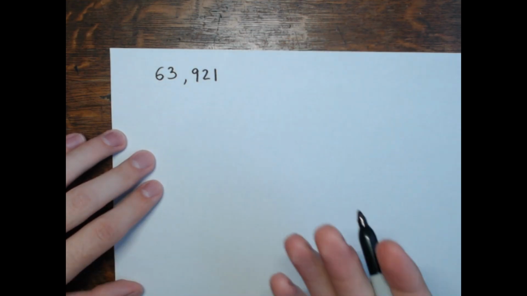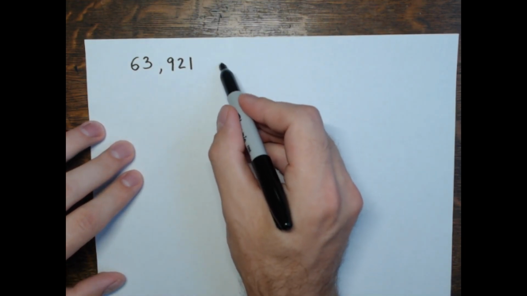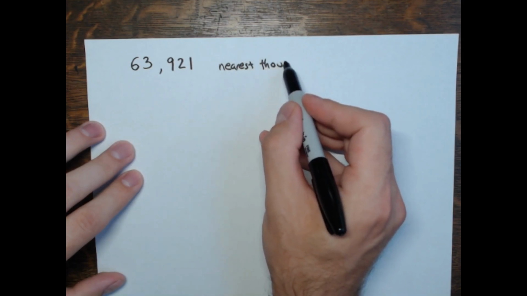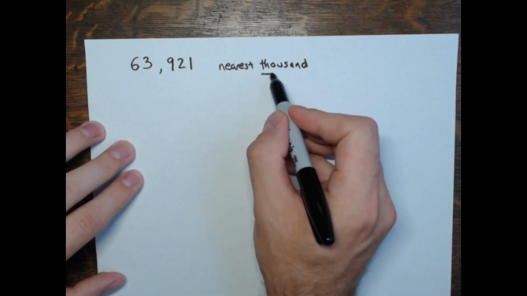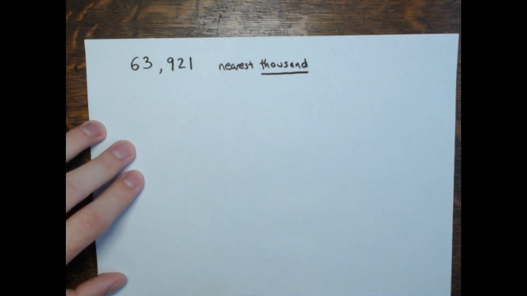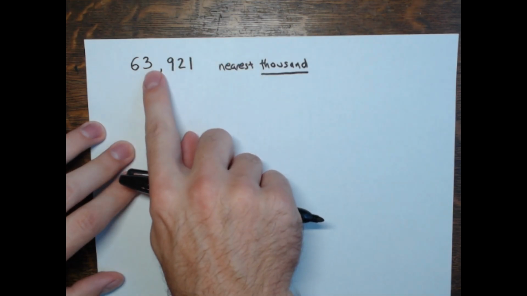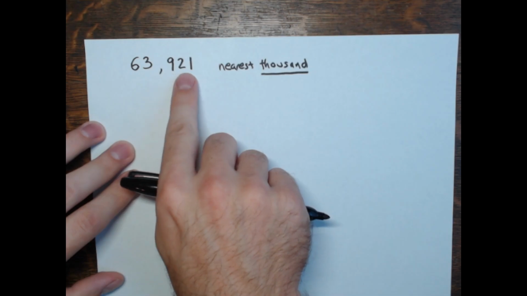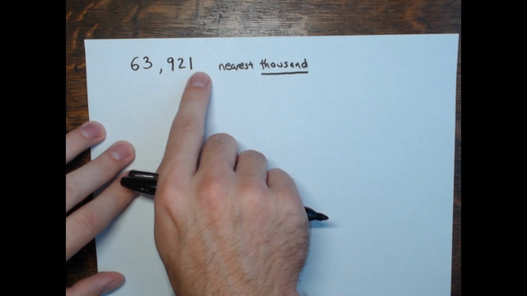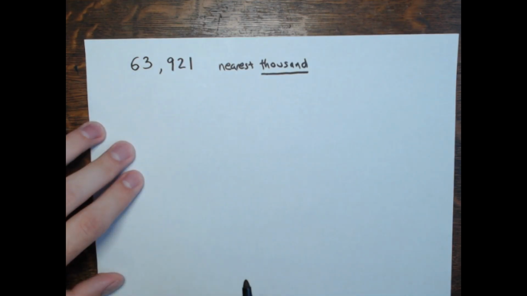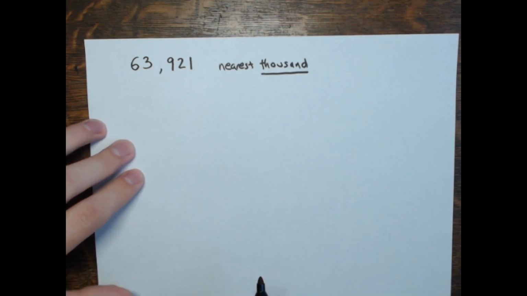Now again, after a while, if I say, round this to the nearest 1,000, you should be able to, with a bunch of practice, tell me what it is without having to write all this stuff I've been writing. Is this number closer to 63,000 or 64,000? Well, since this number here is 500 or more, you're more than halfway to 64,000. It's closer to 64,000 than it is to 63,000.